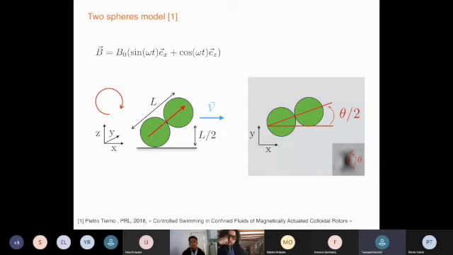So when you look upon the microrods or the doublets, theta is the angle that the long axis makes with the x direction, which is the direction of propulsion. In the linear regime, theta is 0, and when you are far in the second regime, theta is equal to pi over 2, meaning that your microrod is perpendicular to the x direction.